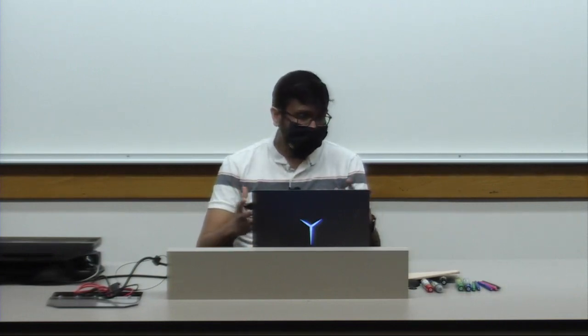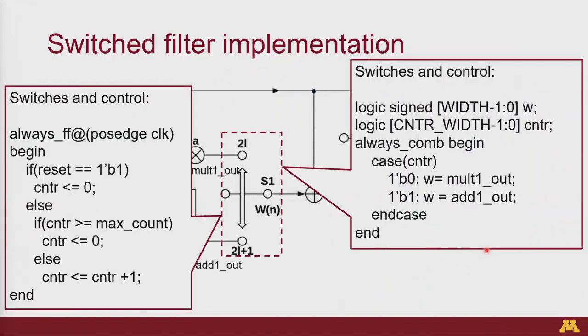The next major block which you're going to see throughout your homeworks is these switches. When you're implementing a switch, if you see a diagram like this one here, I hope the pointer is being seen? Okay. All this is saying is that this implements a multiplexer. Whenever you see this diagram, you know you're going to implement a multiplexer.